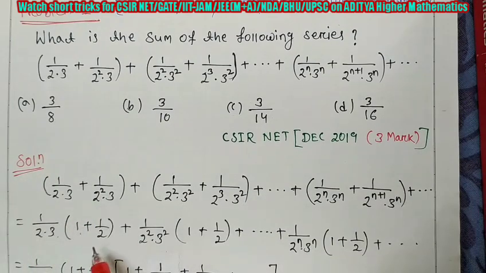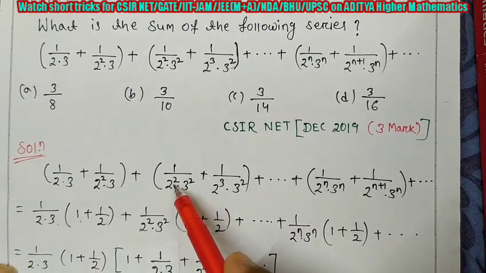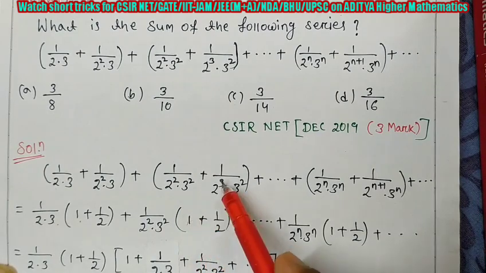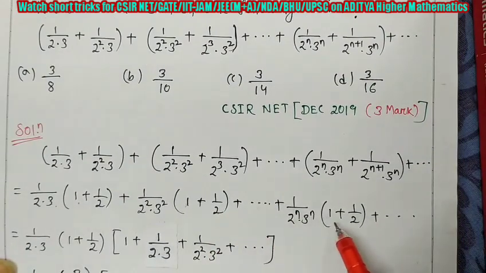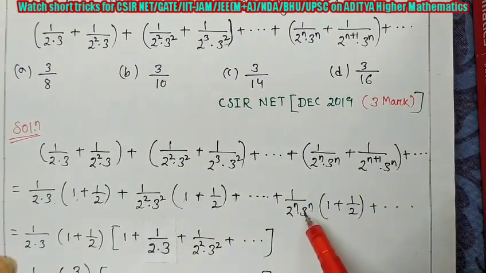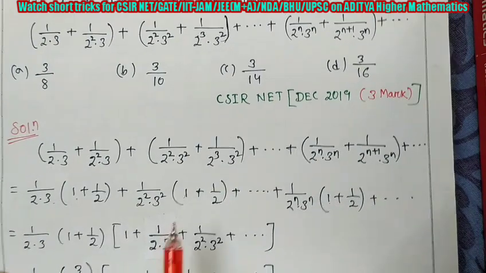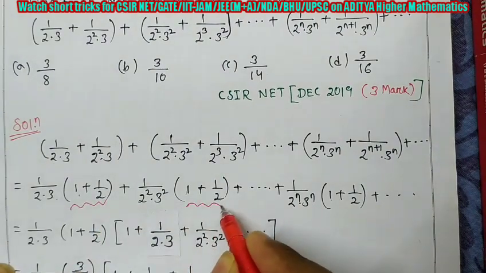In the first term, we take 1 by 2 into 3 common, and what remains is 1. In the second term, since it is 2 square into 3 square, taking 1 by 2 into 3 common leaves 1 by 6 in the bracket. Next term similarly, since it is cube, 1 by 6 square will come. Similarly in the nth term you can take common, so that we will get 1 plus 1 by 6 and so on.